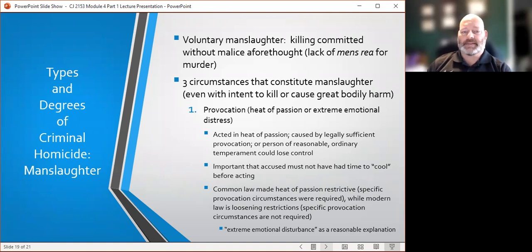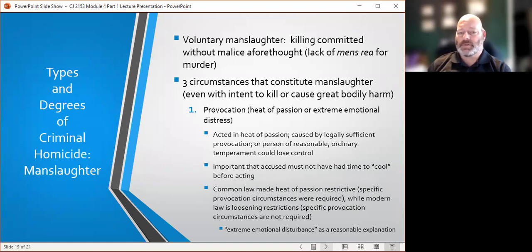The person acted in heat of passion caused by some legally sufficient provocation, such that a person of reasonable ordinary temperament would lose control under the same circumstances. It's important that the accused must not have had time to cool before acting, that the heat of passion had not reduced.